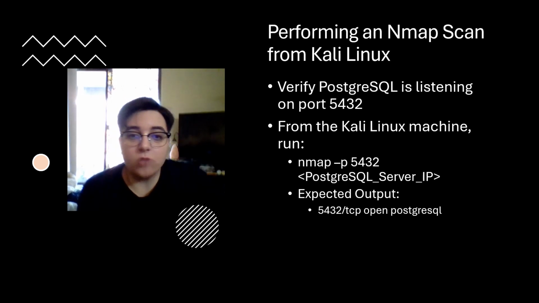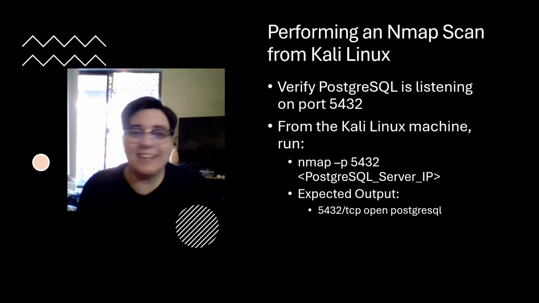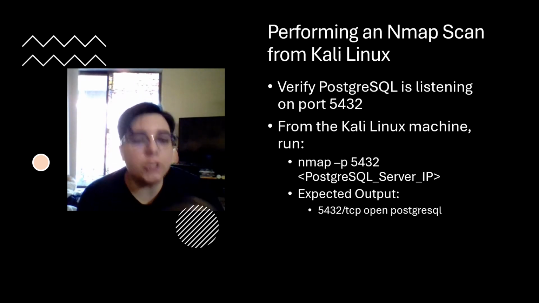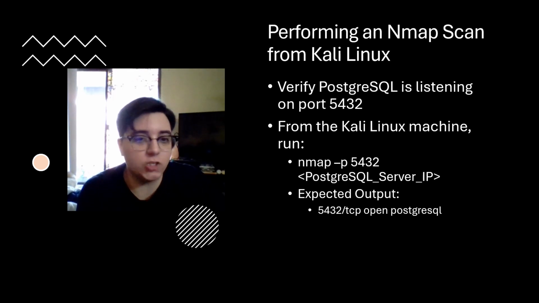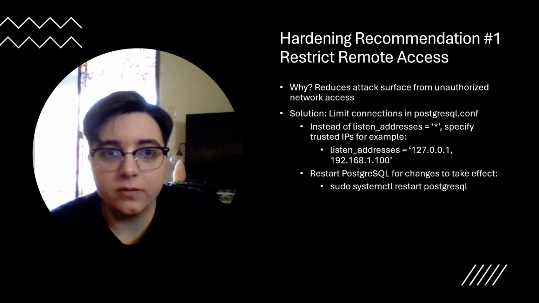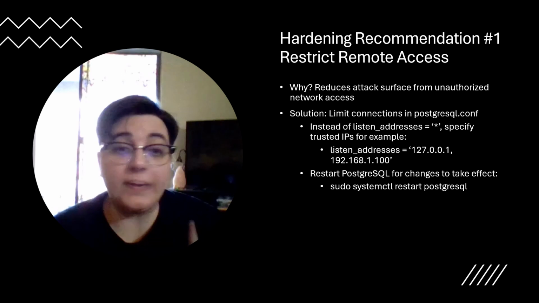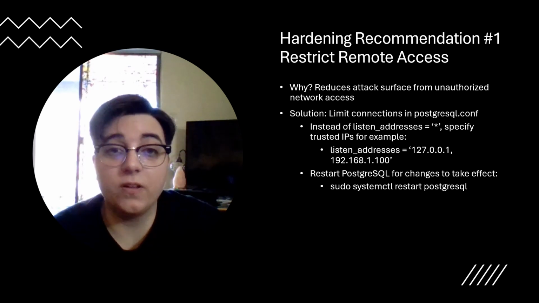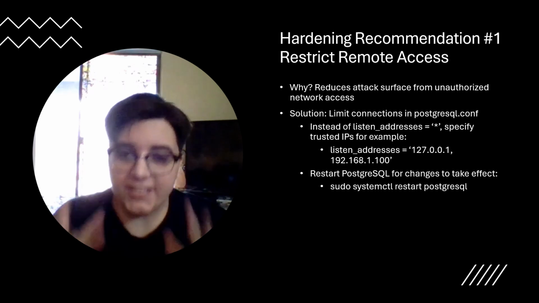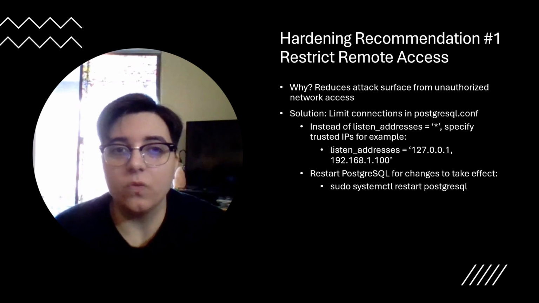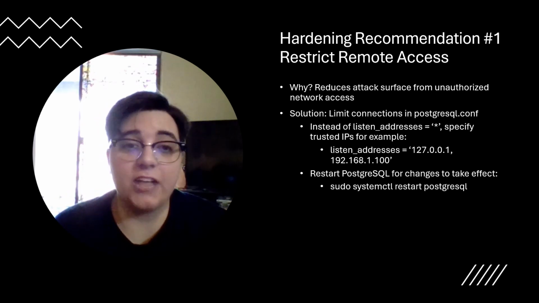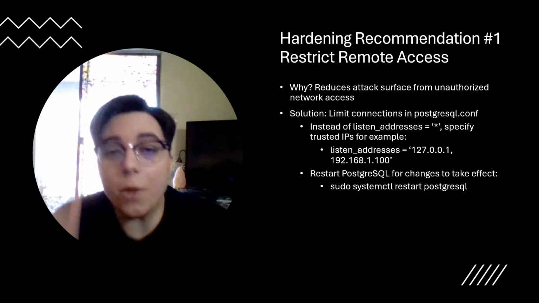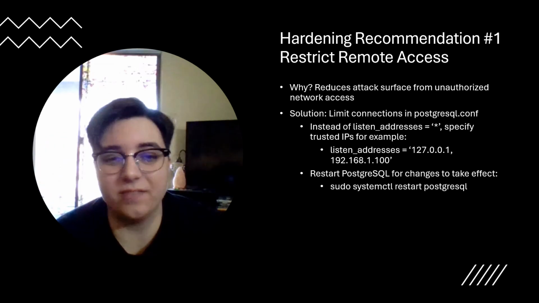All right, so now that it's theoretically reachable, let's make sure we implement some hardening steps so we're not going to be an easy target. The first thing that we need to do is secure PostgreSQL and restrict access. Right now, it's set to accept connections from anywhere, which is an open invitation for attackers to mess with it.